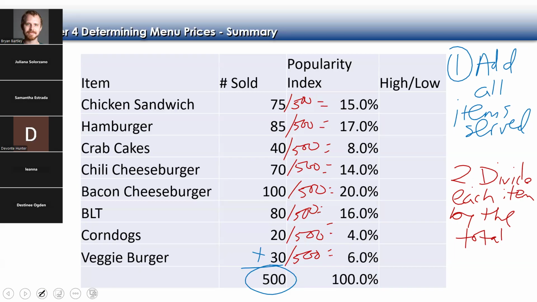For your practice, I would recommend taking a moment and doing those last 4. 100 divided by 500, 80 divided by 500, 20 divided by 500, and 30 divided by 500.